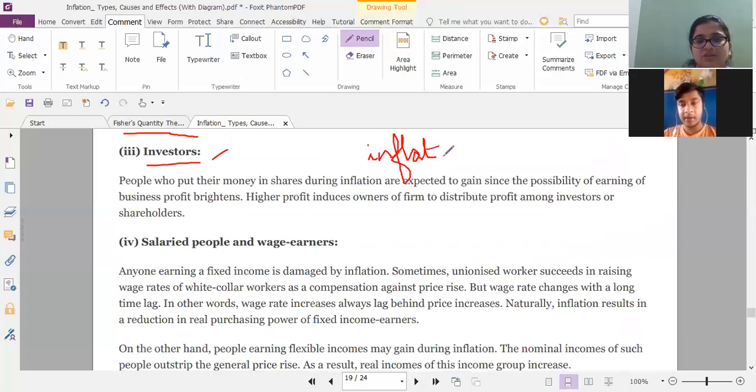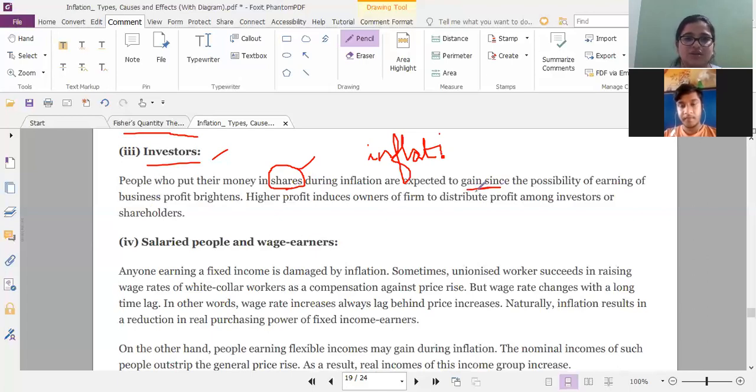What is your question? They are investing during inflation. Where are the people investing? In the share market. So what does it mean is your question, right? People who put their money in shares during inflation are expected to gain since the possibility of earning business profit brightens.